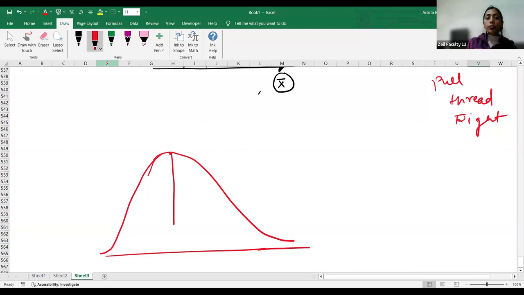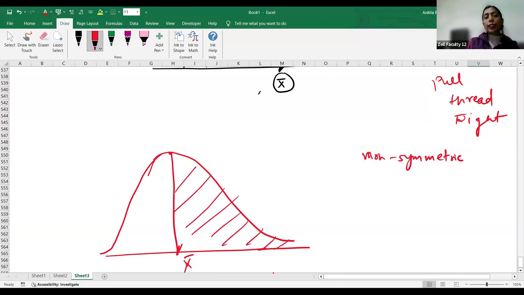So here, if I distribute it from its mean, you can see that it is no longer symmetric. You can see more values on the right side because I pulled the thread towards the right.